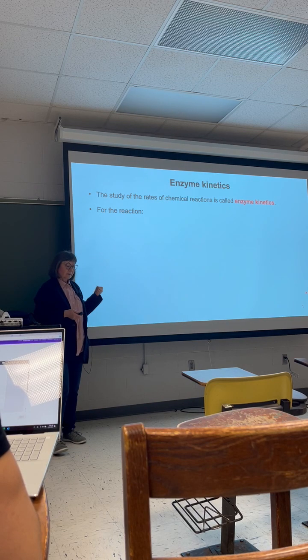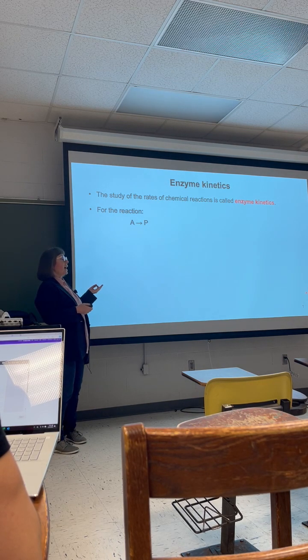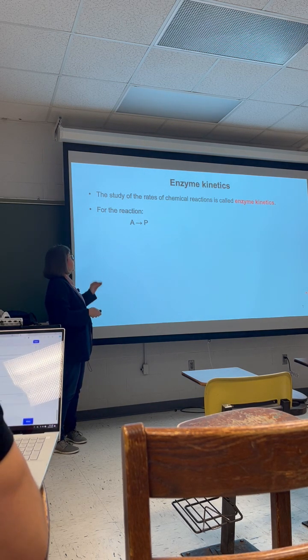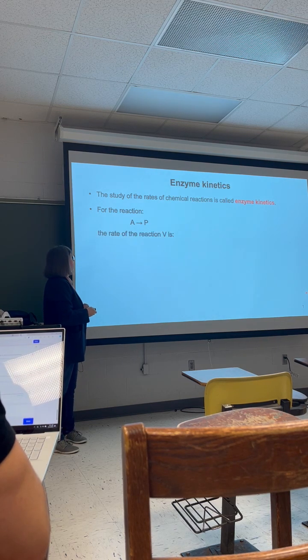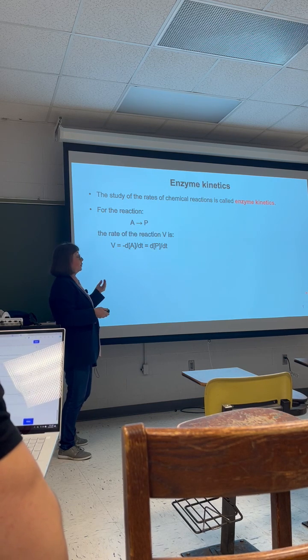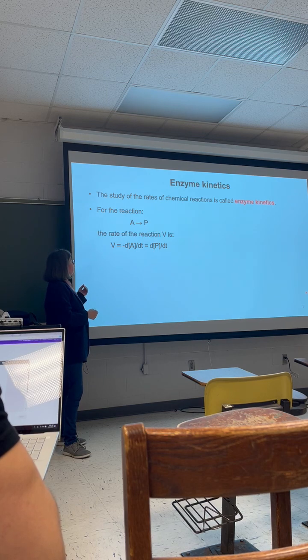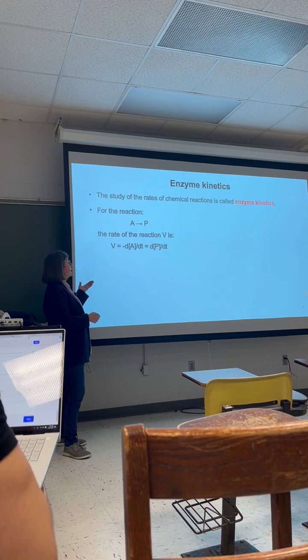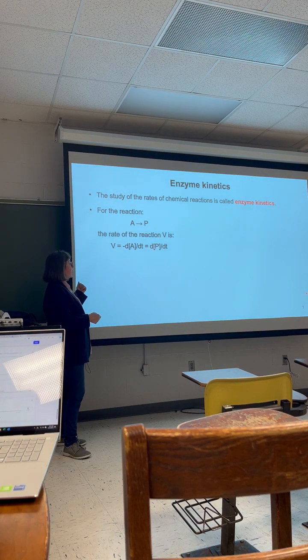So what is the rate of the reaction where substrate A, let's call it A here, is converted into product P? If you think about the rate, V, we will use the term V for velocity, V equals the first derivative over time, negative change in the concentration of A, and this is the same as the change with a positive sign of the concentration of the product over time.